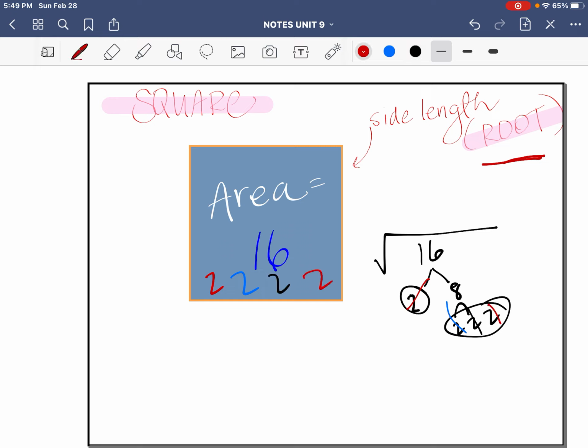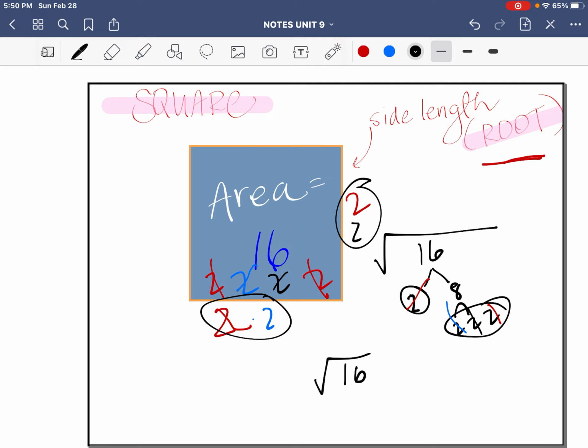If I evenly split these to each side, I'm going to give this 2 to this side, this 2 right here goes here, I'm going to give this 2 to this side, this one is going to come here, and this one comes here. And if we multiply these, we get the same answer as we did before when we drew the picture. If my area is 16, each of my side lengths is 4.